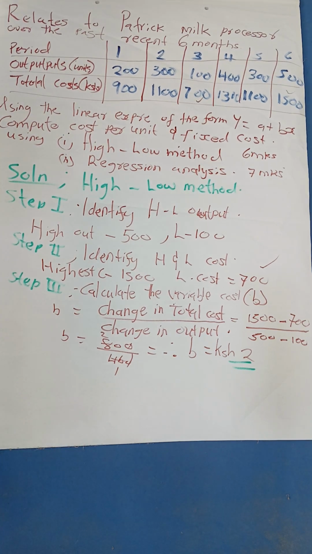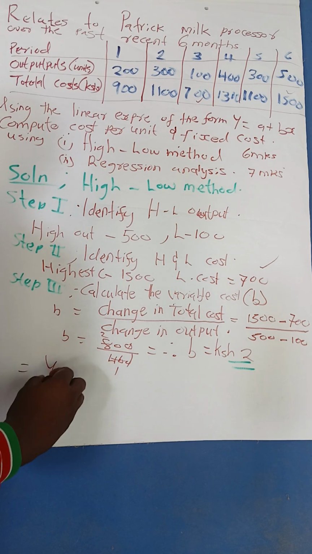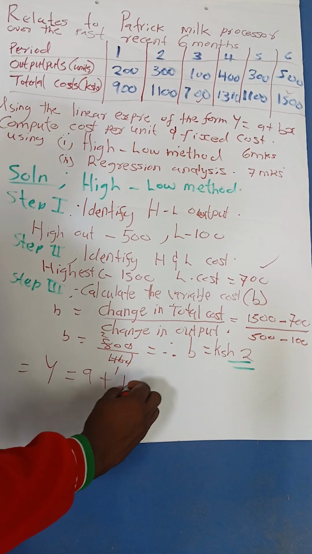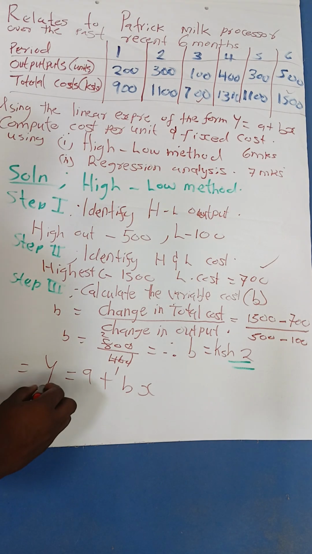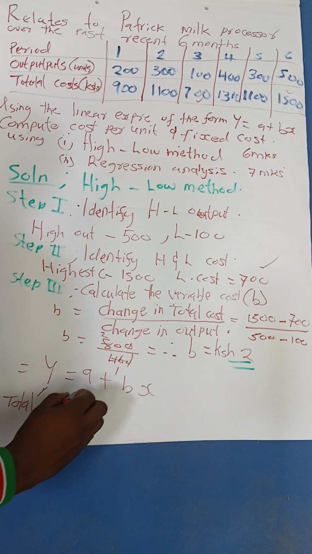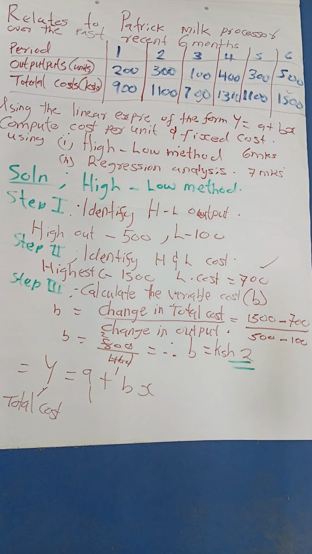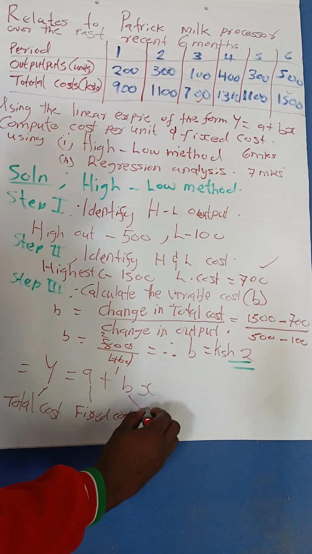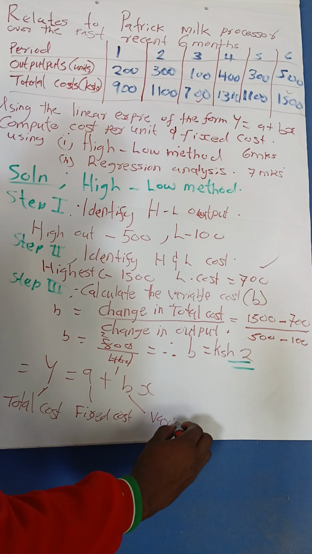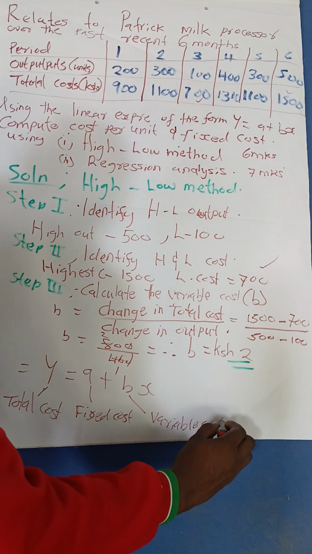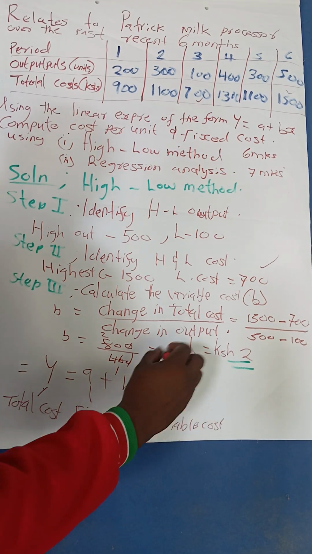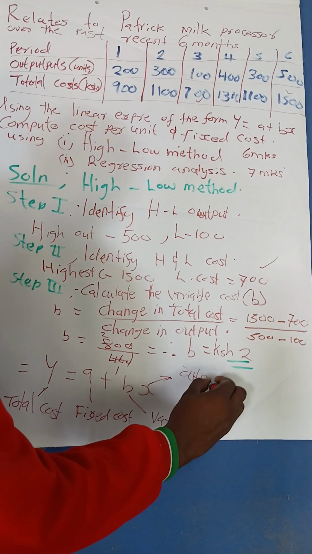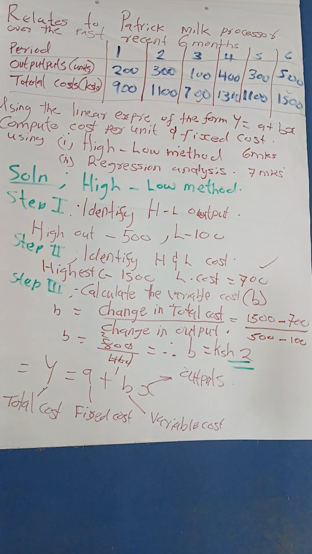Why fixed cost? I always say, we have the formula here: Y is equal to A plus BX, whereby Y represents the total cost, A represents the fixed cost, B represents the variable cost, and X represents the possible outputs.